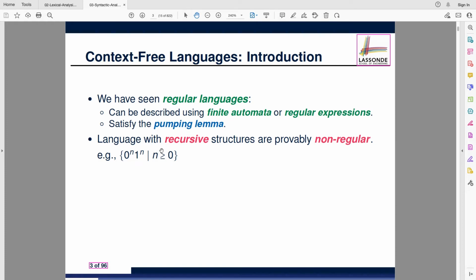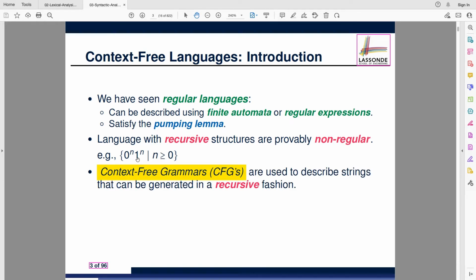For example, this one here is a very typical one. I'm pretty sure you have seen that before. This one here says that we have equal numbers of zeros and ones. But the problem is n can be infinite. So that's why a DFA cannot handle that. A DFA has a limited, finite amount of memory, or number of states. So that's why it cannot be specified by some DFA.